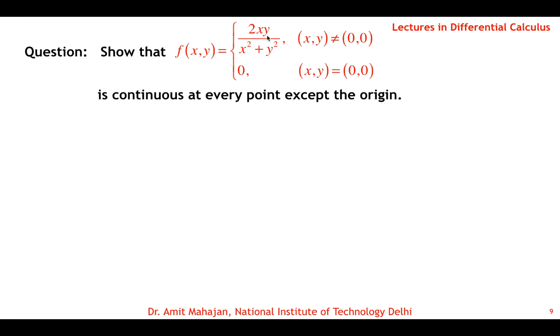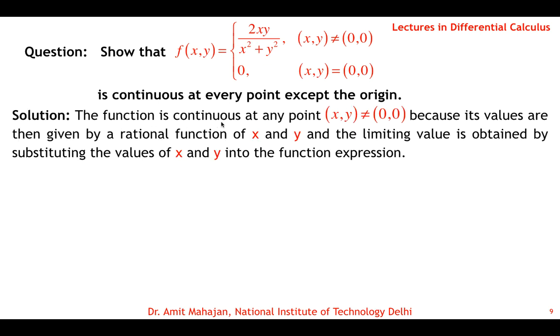For non-zero points, this polynomial has a limit and this polynomial also has a limit. So by the algebraic property, if this is function g and this is function h, and each has a limit, then g by h also has a limit, and so is their continuity. So the function is continuous at every non-zero point because its values are given by a rational function of x and y, and the limiting value is obtained by substituting x and y into the function expression. So there is no problem.